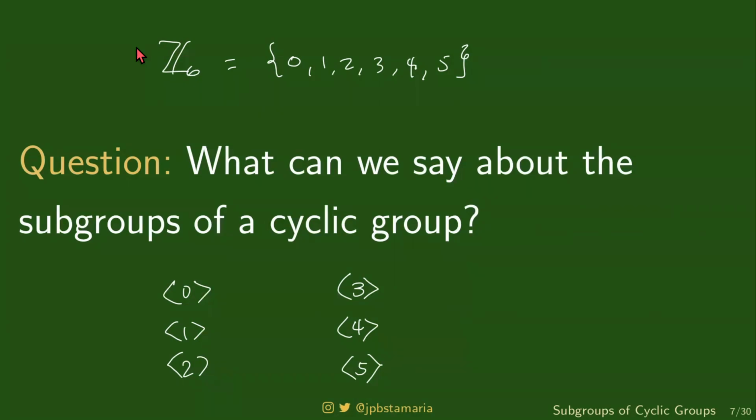Kung order 5, Z sub 5. Kung order 11, Z sub 11. Pag infinite, Z. Wala nang iba. Ganun lang kasimple. Furthermore, pag alam mong cyclic ang group, napakadaling ilista ang mga subgroups. Ilista mo lang yung mga cyclic subgroups, tapos na. Naiintindihan nyo?